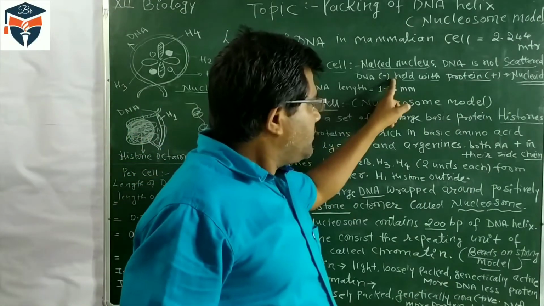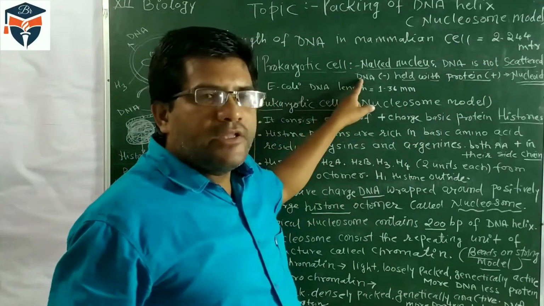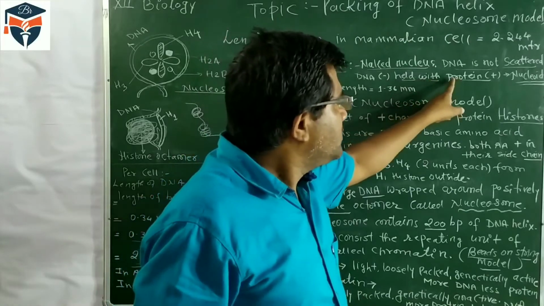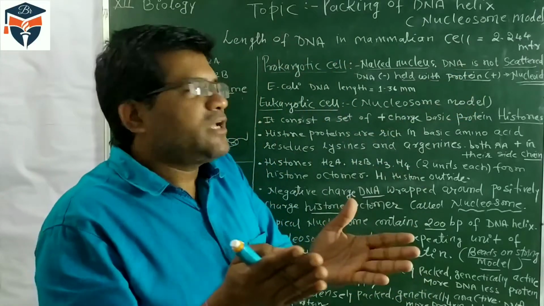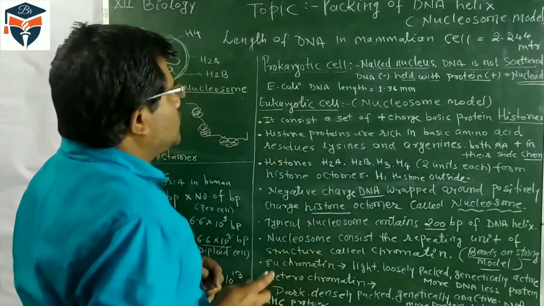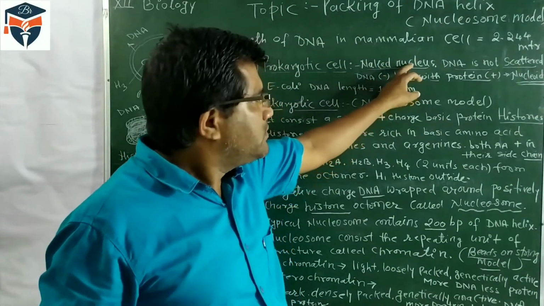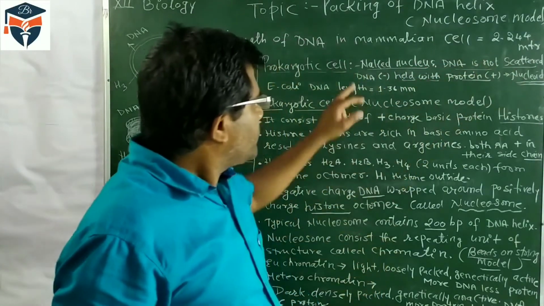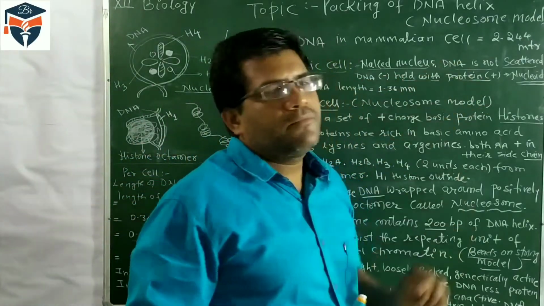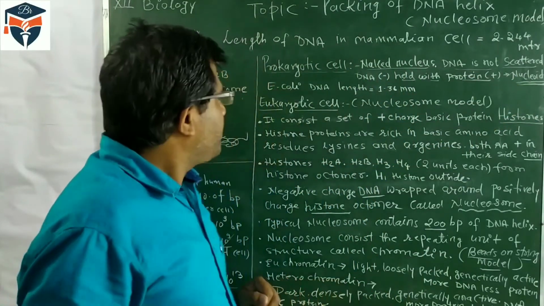This structure, where DNA is not scattered because it is negatively charged and connected with positively charged protein, we say nucleoid. So in prokaryotic cell, with no organized nucleus, DNA is not scattered; being negatively charged it is held with positively charged protein, and that is called the nucleoid.